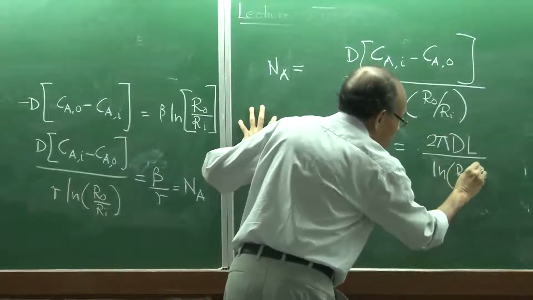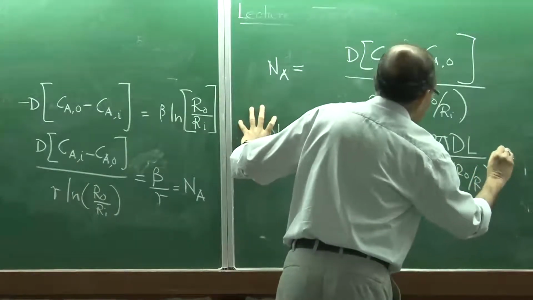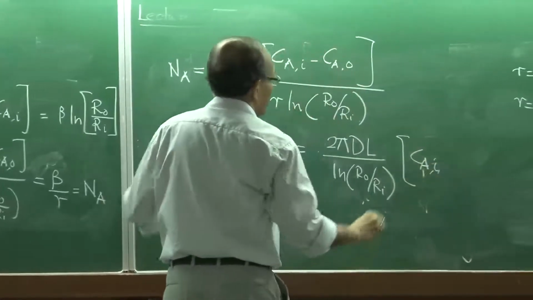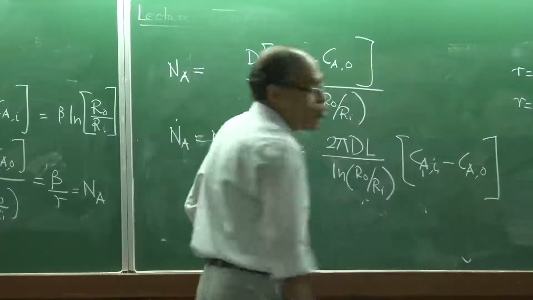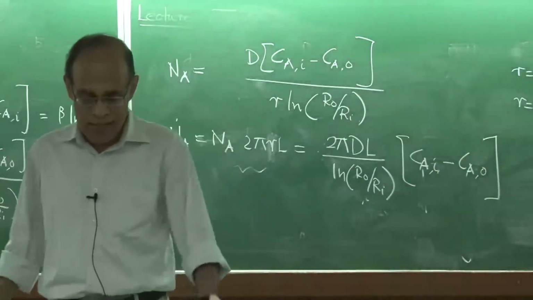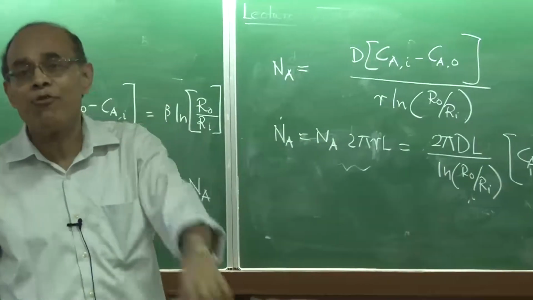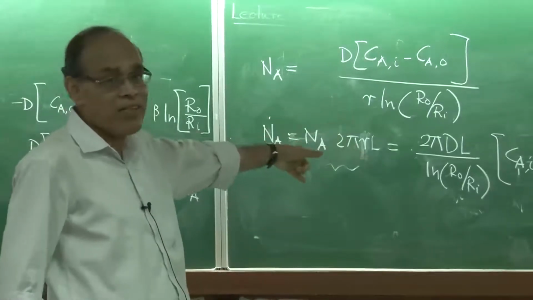And if you look at this expression, everything here is constant. So the first problem that I have discussed, the rate of permeation of nitrogen through a platinum foil, that problem in cylindrical coordinates can also be addressed.